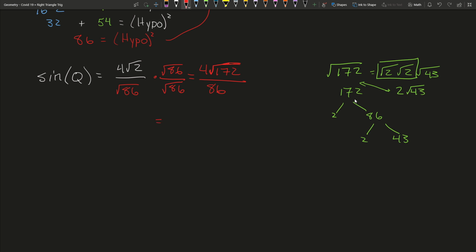So we can rewrite 4 rad 172 as 4 times 2 rad 43 over 86, which is equal to 8 rad 43 over 86.